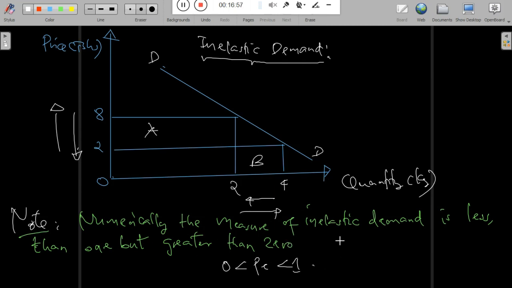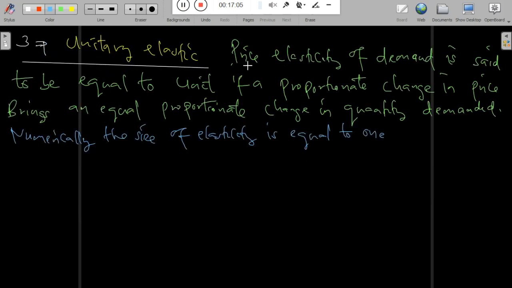So whenever there is a change of price level, it leads to a smaller change in quantity demanded. So even in its graph, it shows it is not much flat sloping, and there is a minimum amount of change of quantity demanded.